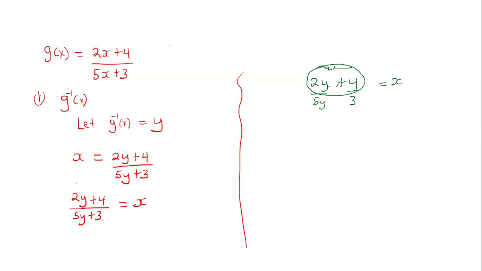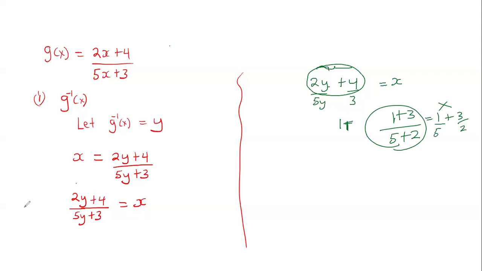So you cannot separate them like this. It's like having 1 plus 3 out of 5 plus 2, and then you do 1 out of 5 plus 3 out of 2. This one is not the same as this. They are totally different. Is that fine? Yes, teacher.